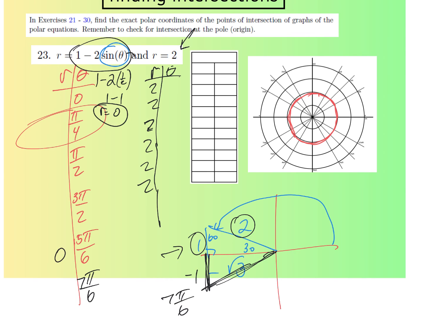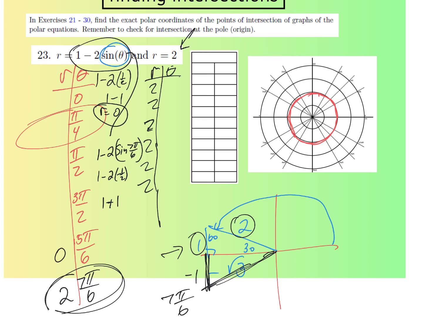And now I'm going to bring this down and go 1 minus 2 times sine of 7 pi over 6. And this part's negative 1/2. 1 minus 2 times negative 1/2. 1 minus, oh, 2 negatives make it plus 1, which is 2. Boom, finally. 2 comma 7 pi over 6.